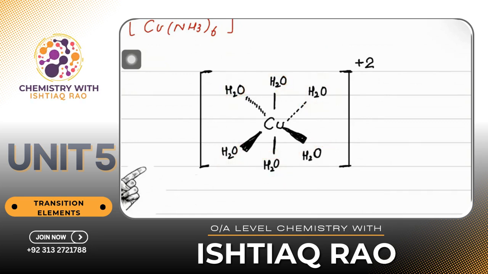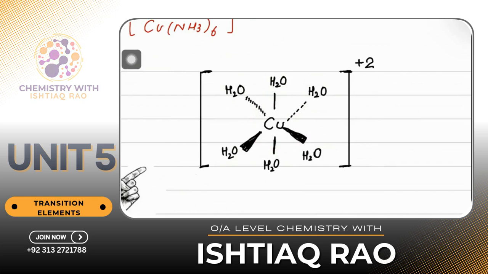That's going to be the octahedral geometry. Not more than this. If we have six ligands, we can arrange those ligands in an octahedral manner, whether the ligand is water, ammonia, or CN minus, the cyanide ion. You have to arrange them in an octahedral manner where the bond angle is 90 degrees.